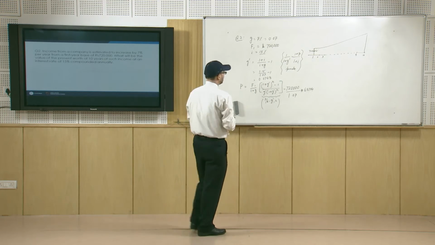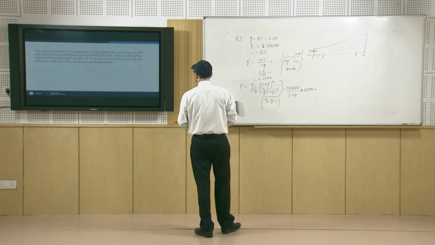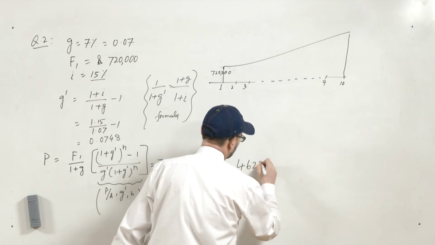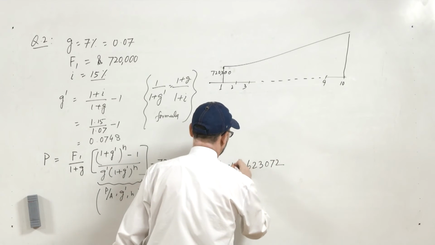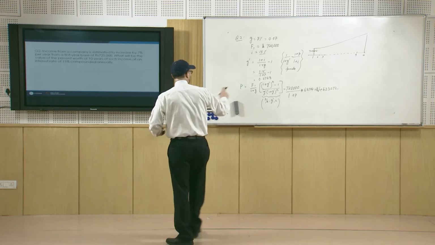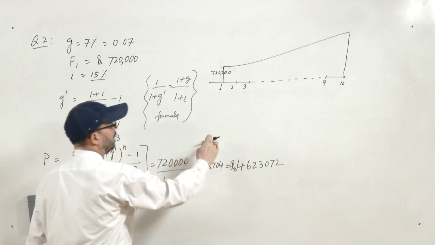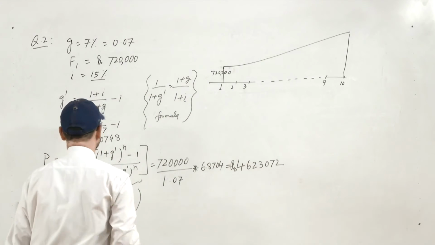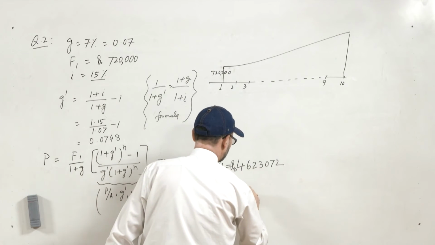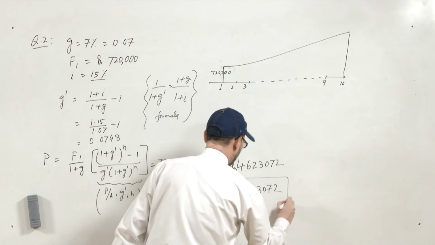And that is why the value of this sum comes out to be 4623072. So, this is the amount which is the present worth value of such a geometric gradient series. So, P is 4623072. This is the required answer.